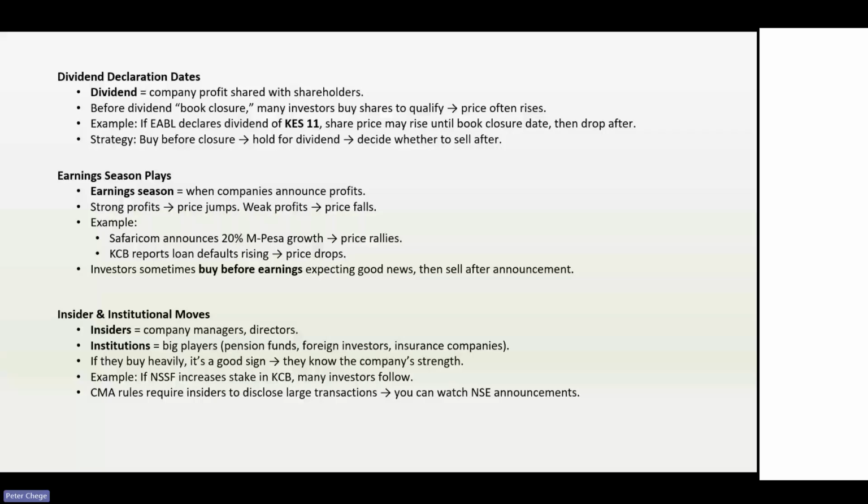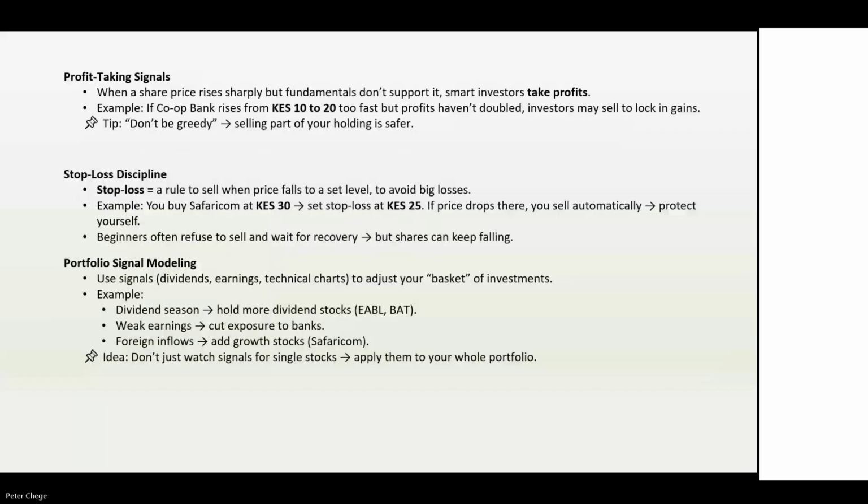Then profit taking signals. When do you as an investor decide to sell? Because taking profit means selling. That is when you go to your portfolio valuation and you realize it is green, that shiny green. I don't know whether it is light or dark. The one that shines signals you have made good profit. Just check price movement against your average price.